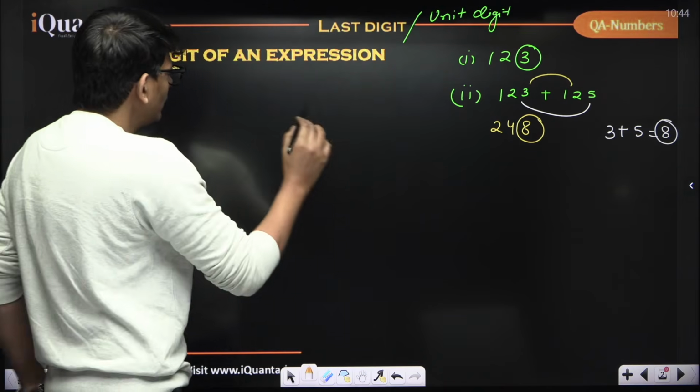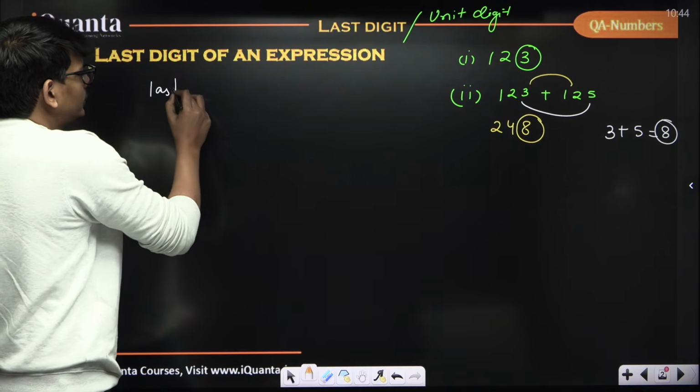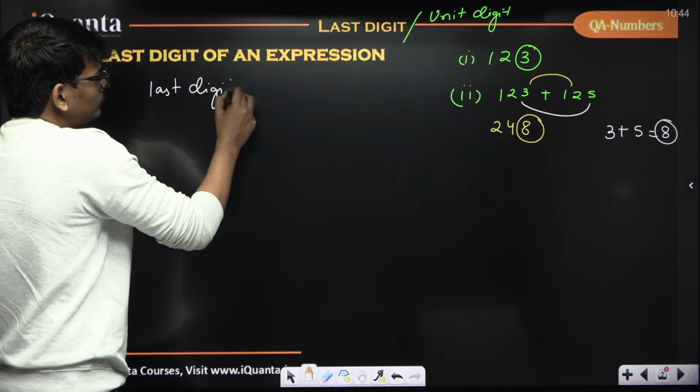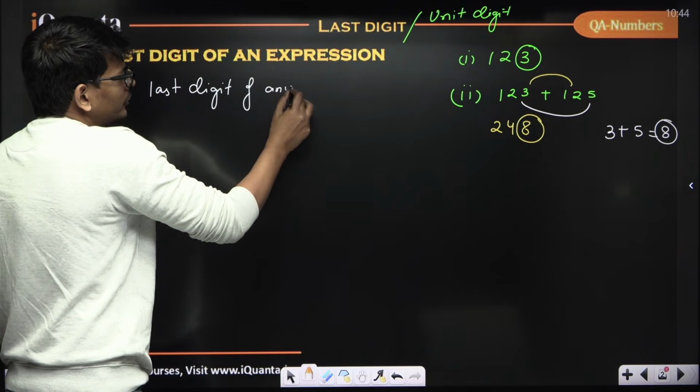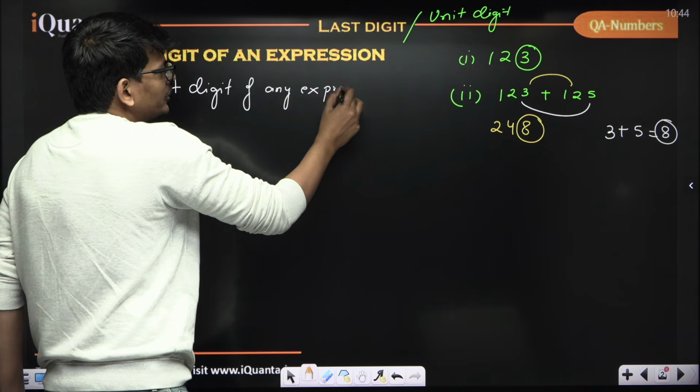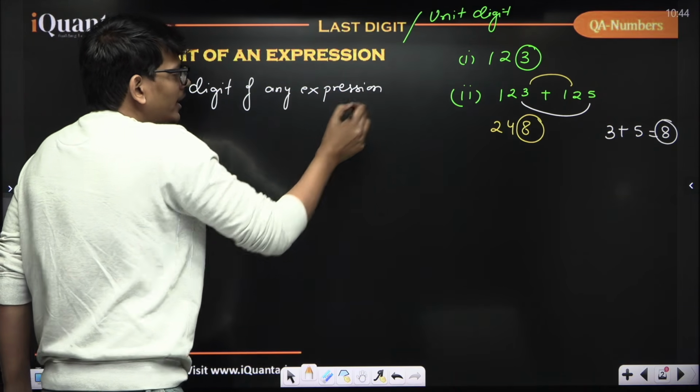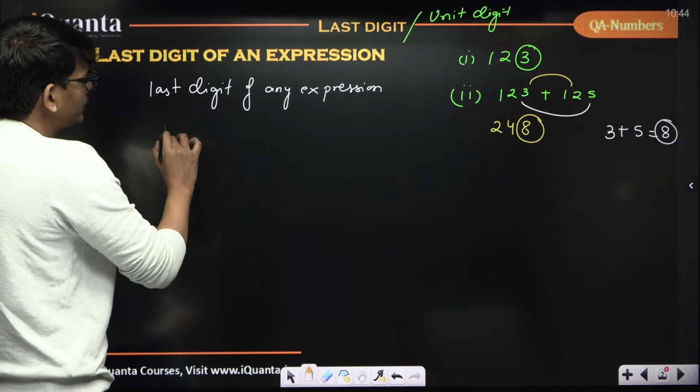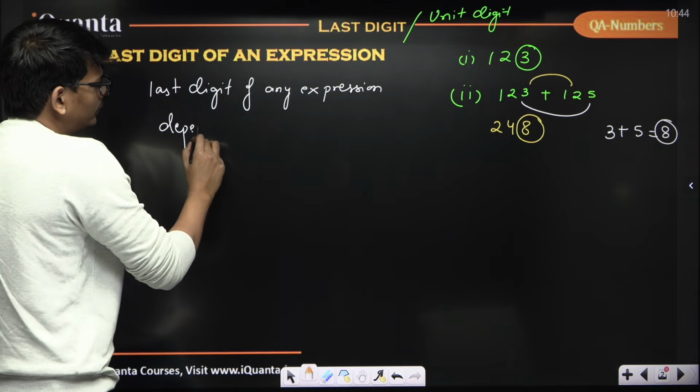That means I can write it down: the last digit of any expression, whether it's multiplication, subtraction or addition, depends on the last digit only.